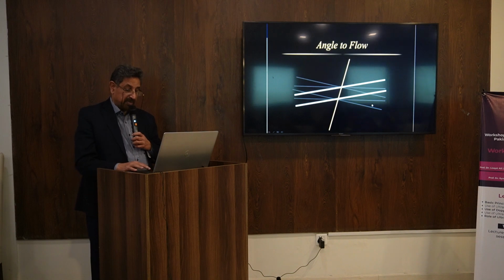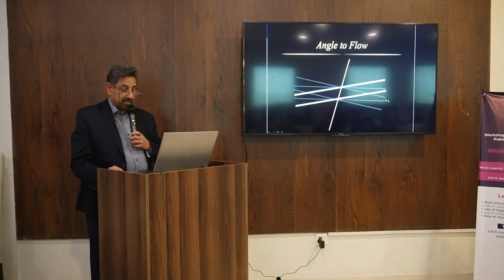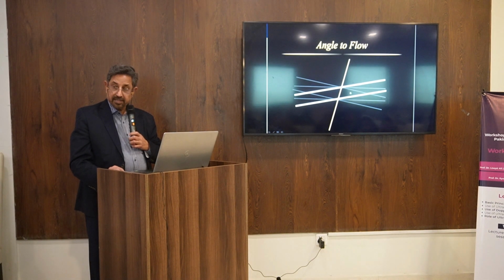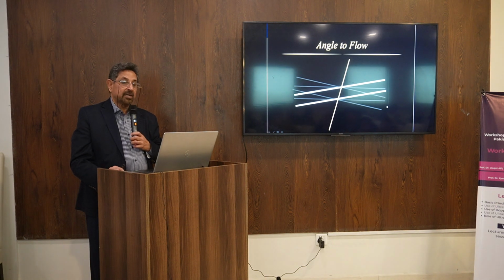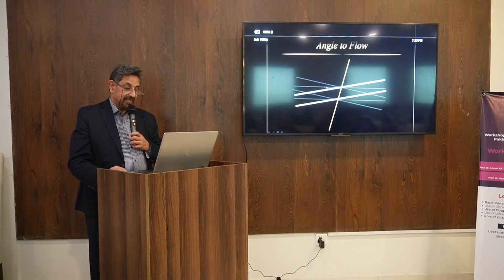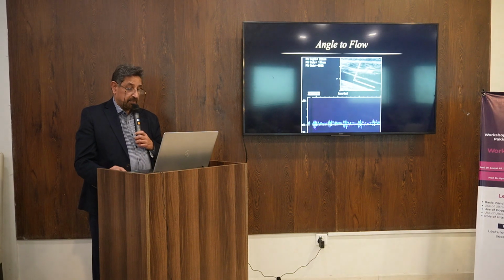So we'll get a good spectrum. If this is the vessel, then we are at 90 degrees, right? At 90 degrees, will we get any flow? We won't. Then this second one is near 60. Again, we'll get a lot of error. So this is better, and this angle is definitely less than 60. So that's how to place the cursor line to get a good flow. You have to manipulate that, so that's important.